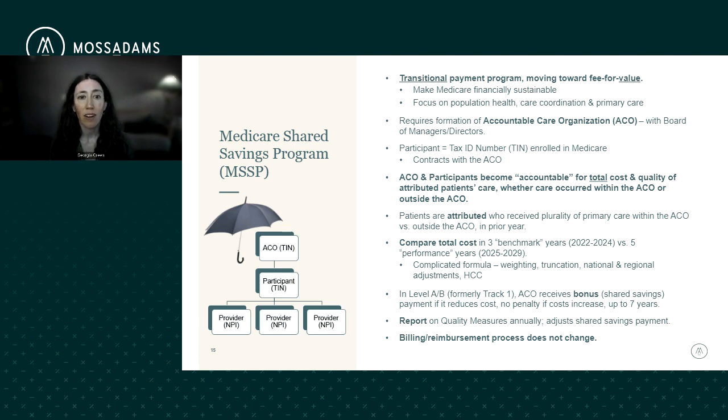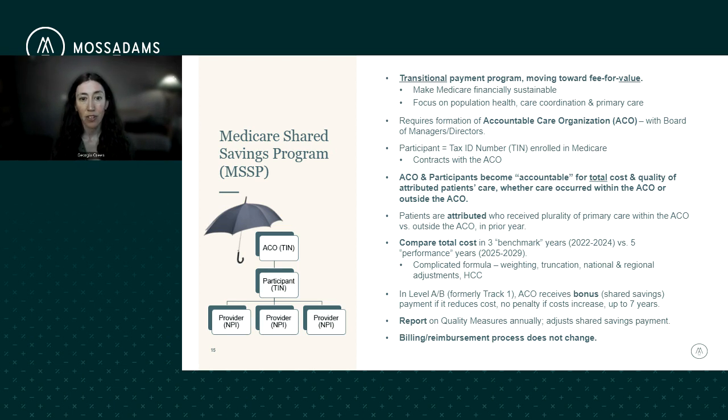So it does require formation of an ACO, the Accountable Care Organization. And I have my little clip art of an umbrella here because I think of it as that umbrella organization. And underneath it are the participants, which are tax ID numbers that are enrolled in Medicare. So it can have one participant under it. It can have lots of participants under it all together.